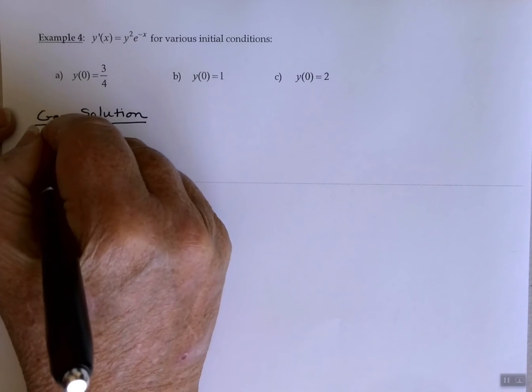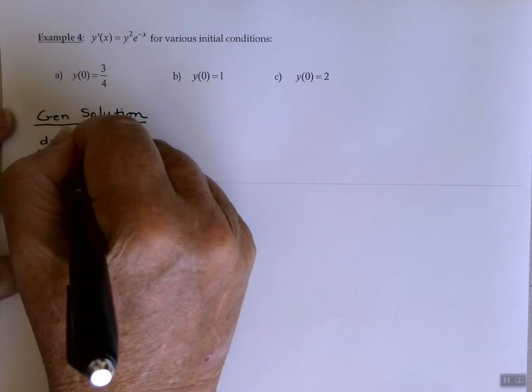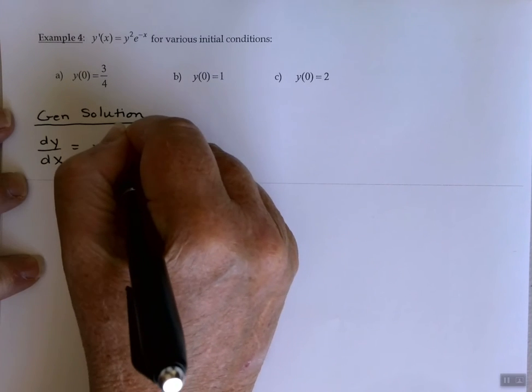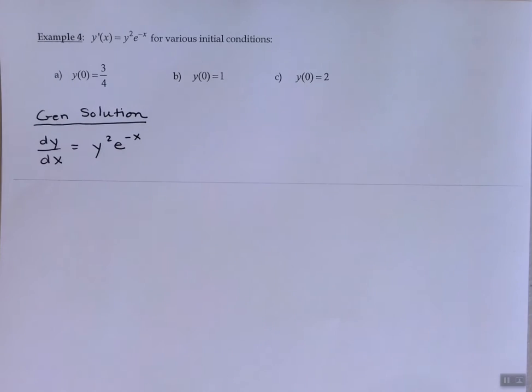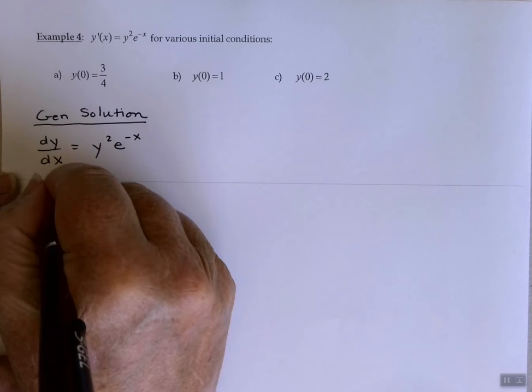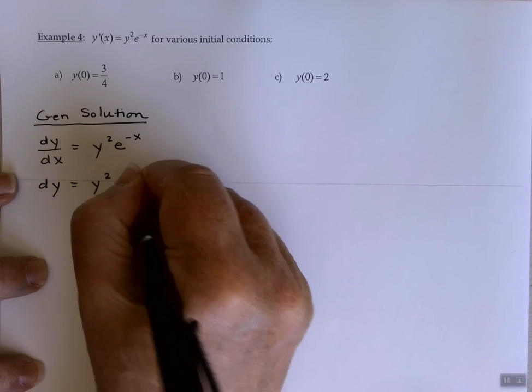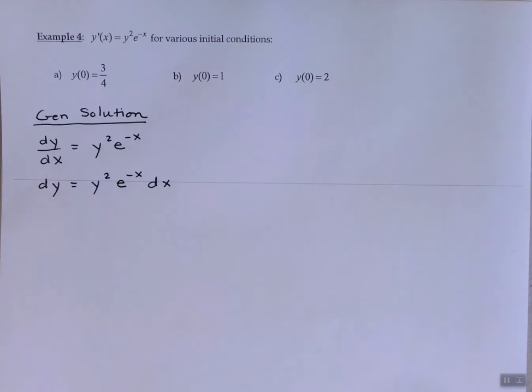I have dy dx equals y squared e to the minus x. I'm going to multiply the dx over to the right-hand side, which means the left is the y side now, and the right is the x side.